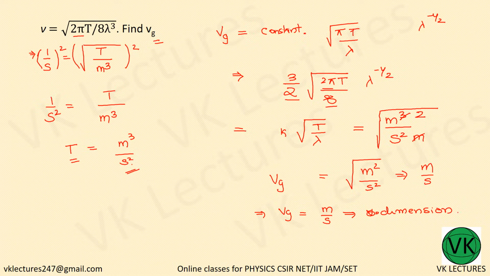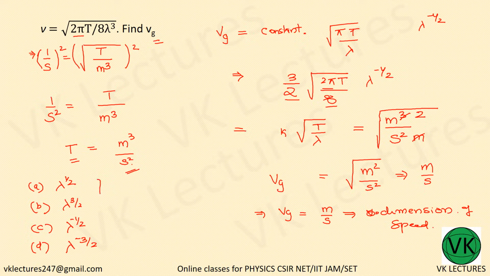Now suppose in the question the options were: a, lambda power 1 by 2; b, lambda power 3 by 2; c, lambda power minus 1 by 2; d, lambda power minus 3 by 2.